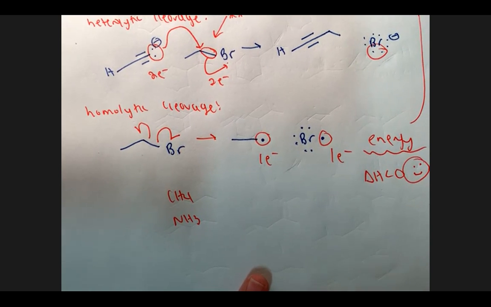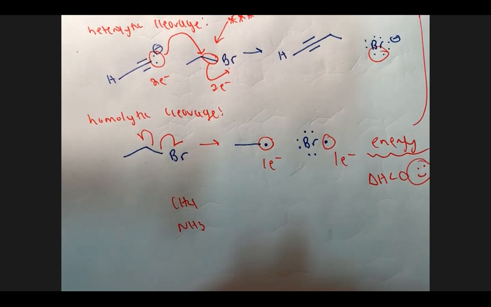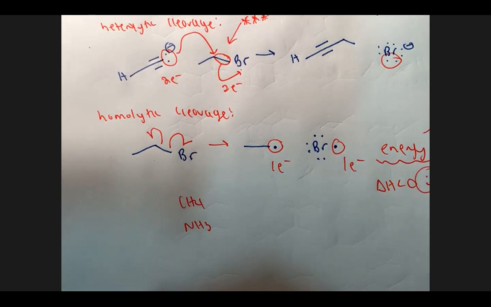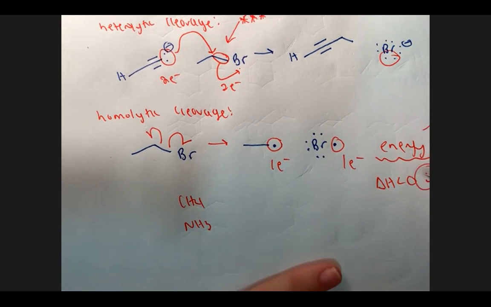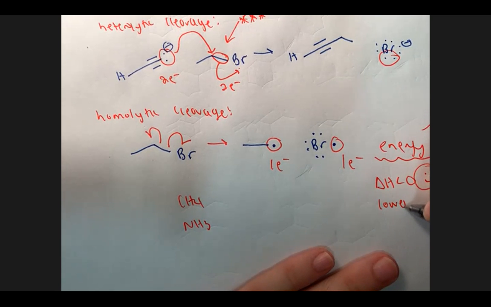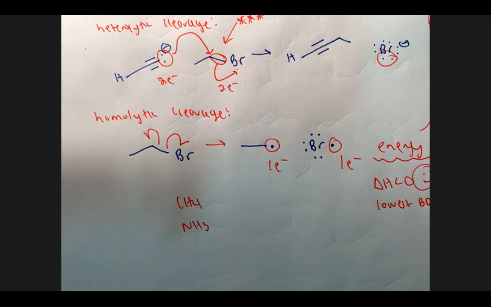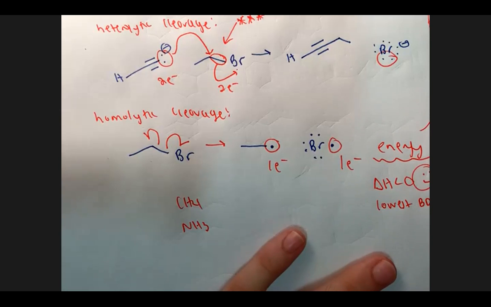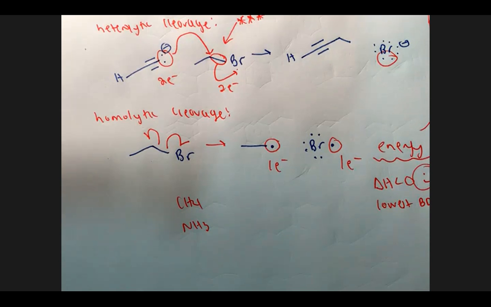So the greatest bond dissociation enthalpy means the greatest positive number. This is the lowest bond dissociation enthalpy, I'm just going to call it BDE. The lowest BDE, the negative one, is going to be the most favorable. Does that make sense?